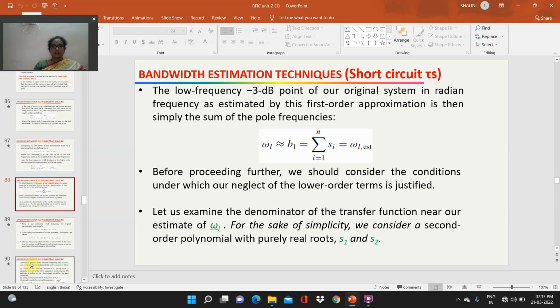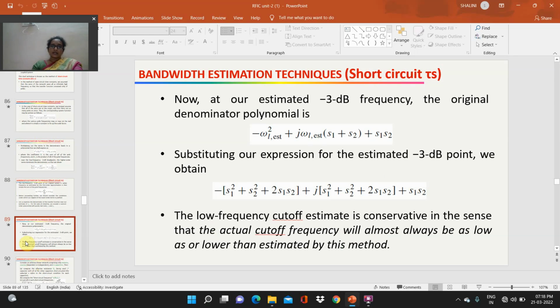Before proceeding further, we should consider the conditions under which our neglect of the lower order terms is justified. Let us examine the denominator of the transfer function near our estimate omega L. For the sake of simplicity, we consider a second order polynomial with purely real roots s1 and s2.